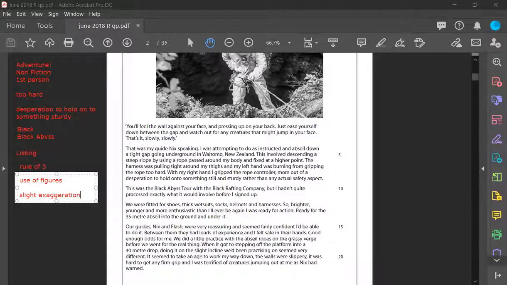So we want to talk about the use of figures, and then when we are explaining, we'll say that the writer has used slight exaggeration, where the writer, before they started, knew it was a 35-meter abseil, and when they started, the fear in the writer's heart made her feel that this is far more than 35 meters. It's probably a 40-meter drop. That is why the slight exaggeration has been used. It shows fear.